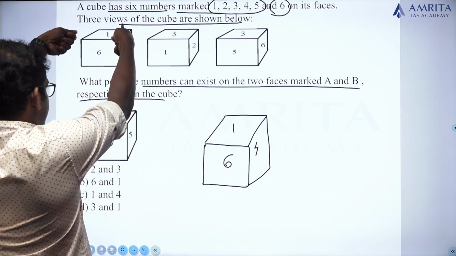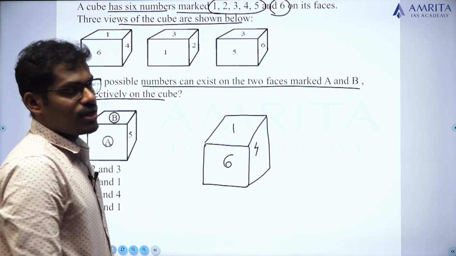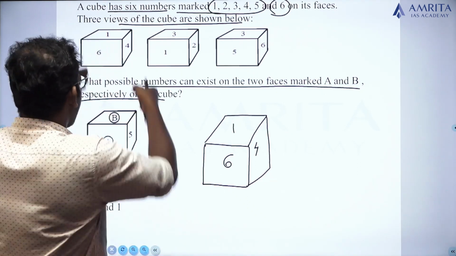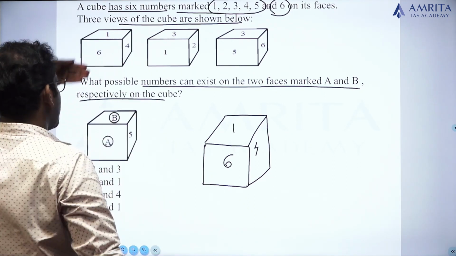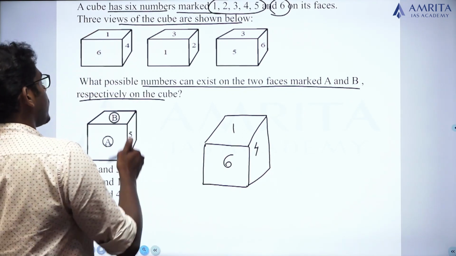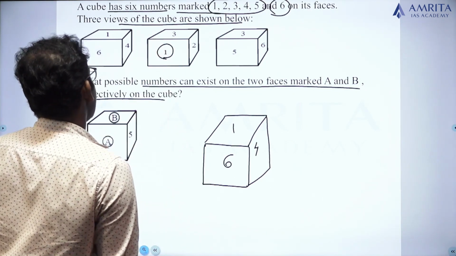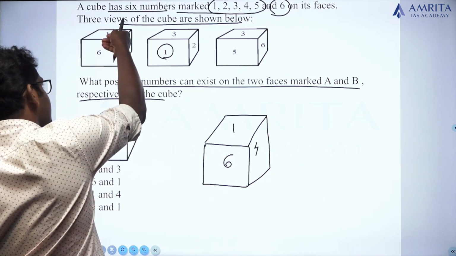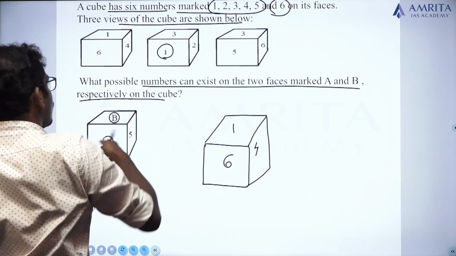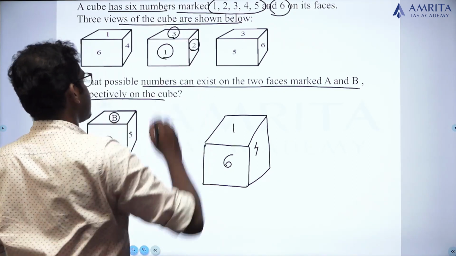By rotating this die towards the front, so that the top face becomes the front face. I am moving this die towards the front. Clear? Towards the front, so that the front face is now 1. If I rotate this die towards the front, then the right face is 2, the top face is 3.